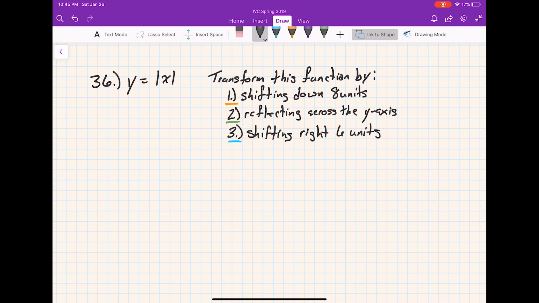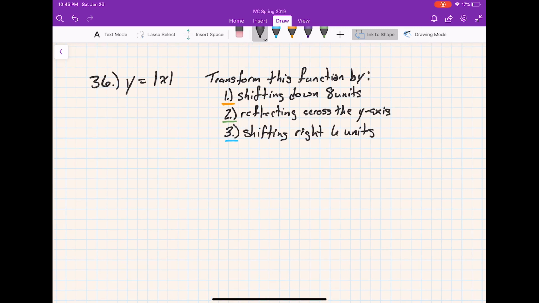So I'll just write what our original function was, and I'll leave some spacing to add in our changes. I'm sure that's plenty. So let's shift it down 8 units. That's affecting our y, so we'll do that outside our vertical lines.